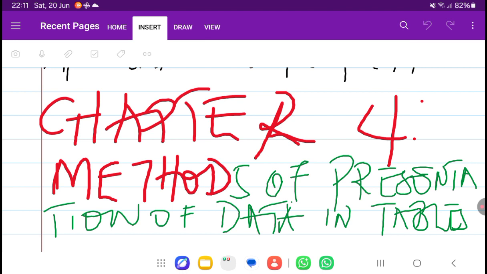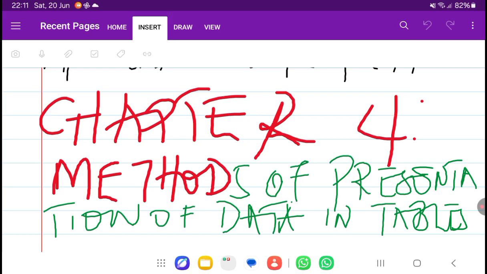And these intervals are the ones that we call classes. So we form the frequency distribution tables to be able to classify these data based on different intervals.